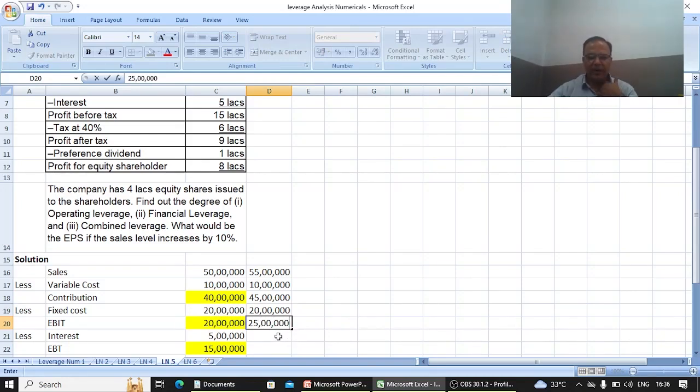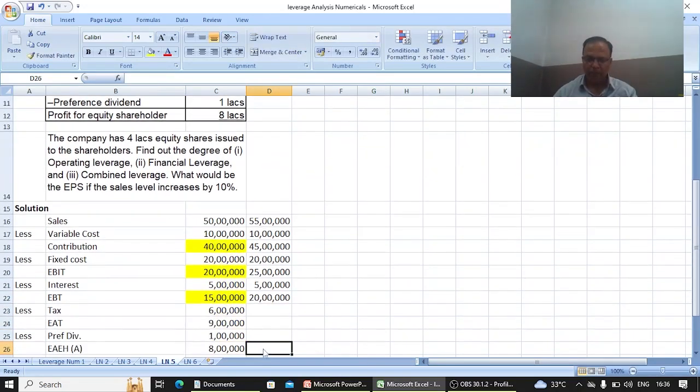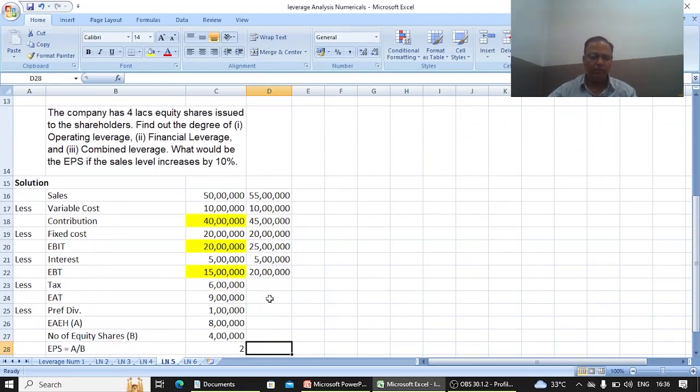Interest same. It will be 20 lakh. Now tax is same?